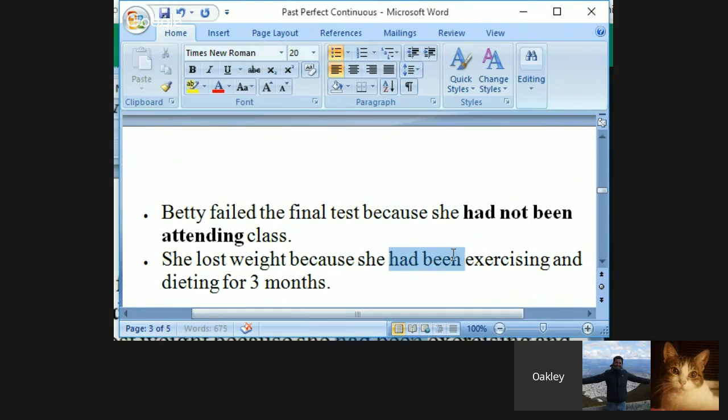Now, notice something else here in your example. Notice that it's not necessary to use the auxiliaries when you're using more than one main verb. So this is perfectly okay: she had been exercising and dieting. I don't need to say she had been exercising and had been dieting. It's not necessary. In fact, it sounds weird when you do that.